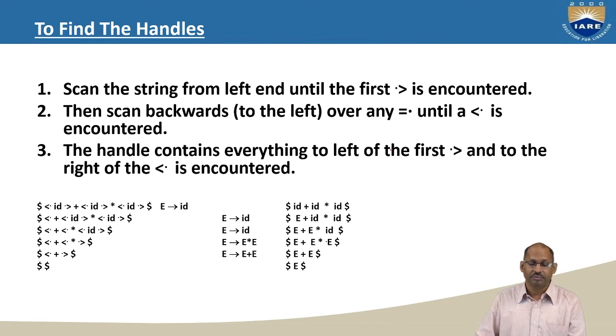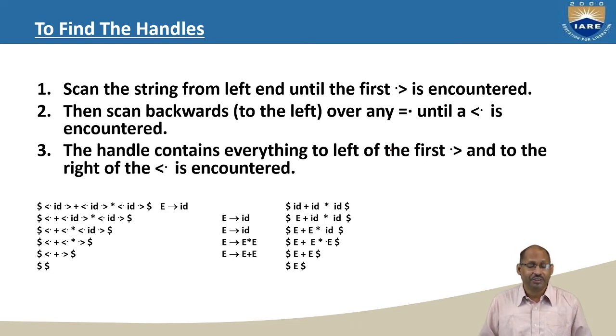Then scan the string from left until the first higher precedence is encountered. Then scan back and find over any equal precedence until a less precedence.